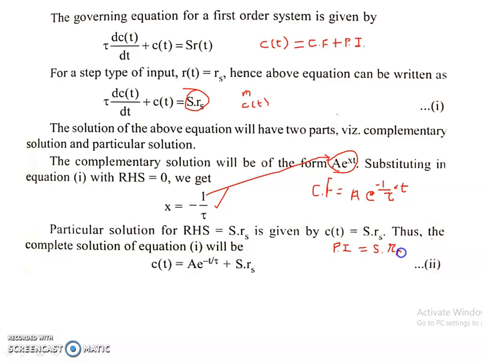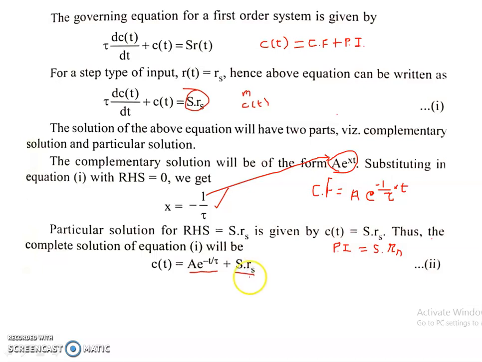So on putting the values of the complementary function Cf is equal to a e to the power minus 1 by tau into t, and Pi is equal to S Rs in equation number 1, we will get C(t) is equal to Cf plus Pi. So C(t) is equal to, this portion is Cf, the complementary function, and this portion is Pi, the particular integral.